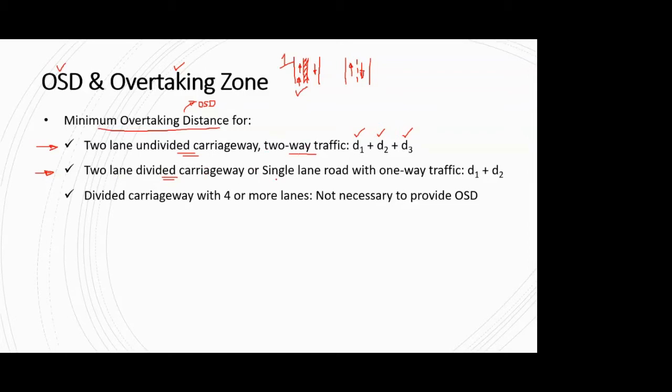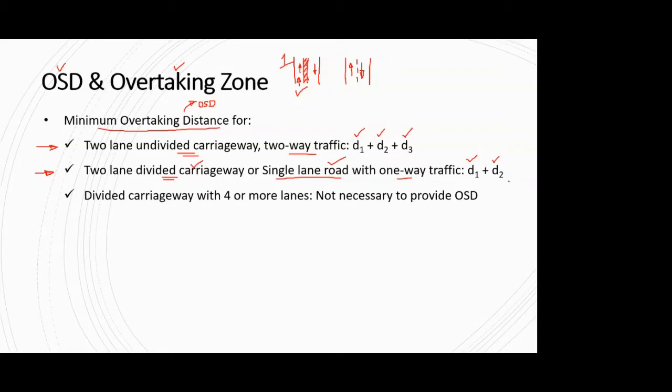Or in the other case, if you have a single lane road with one-way traffic. What I'm trying to say is that for these two cases, the two-lane divided carriageway with two-way traffic and the single lane road with one-way traffic, you don't have the D3 component. Whatever OSD you calculate comprises only D1, the distance related to reaction time, and D2, the distance related to the actual overtaking operation.